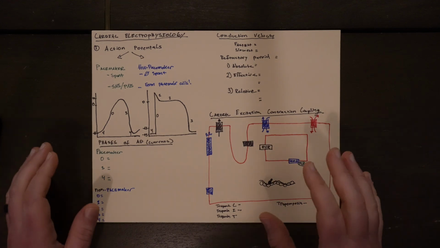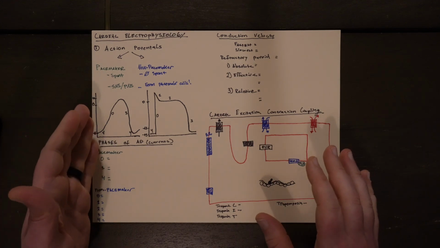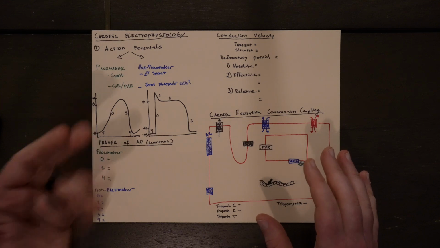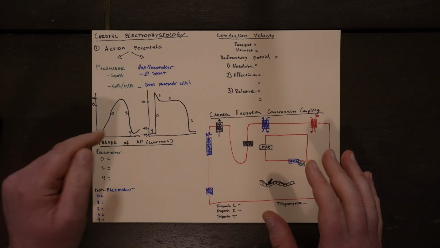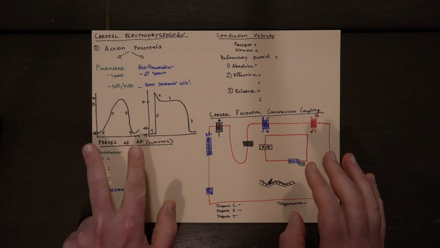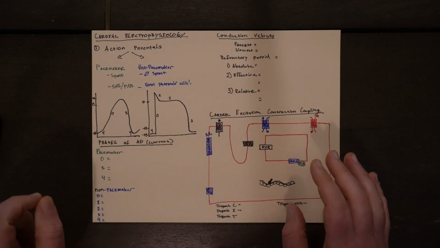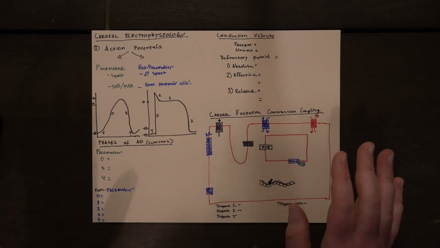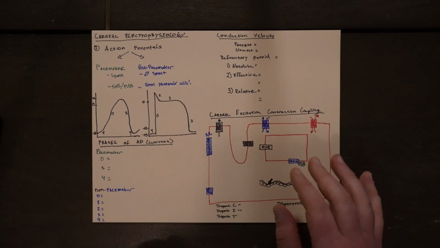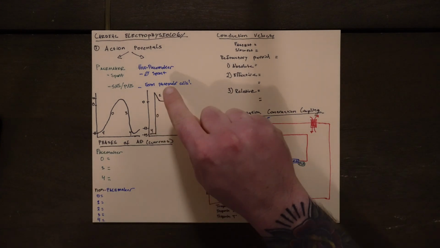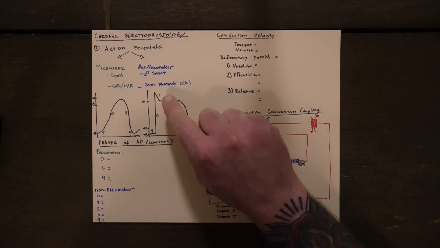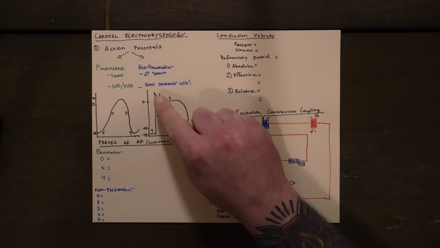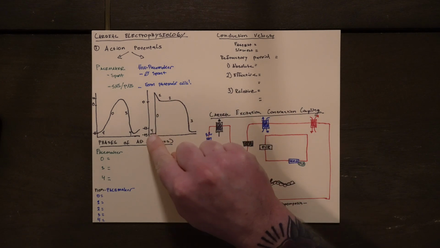As you can see, the pacemaker action potential only has three phases: a phase 0, a phase 4, and a phase 3. And a non-pacemaker cell has five different phases: a phase 0, a phase 1, a phase 2, a phase 3, and a phase 4.